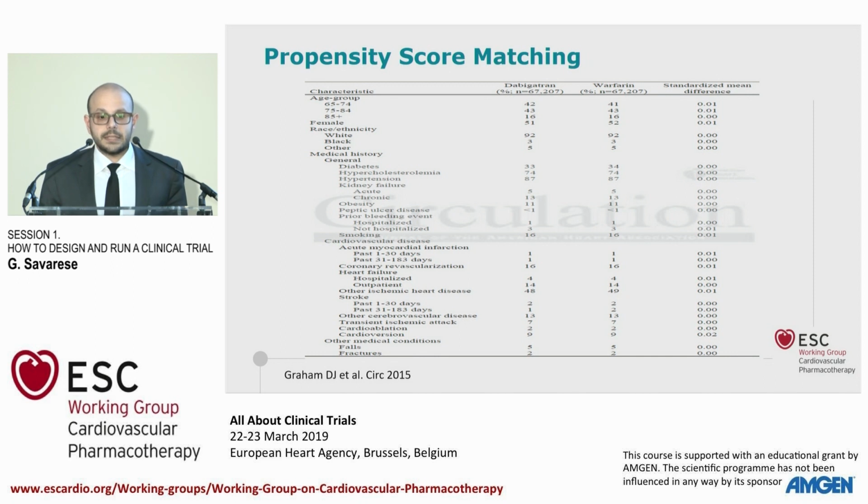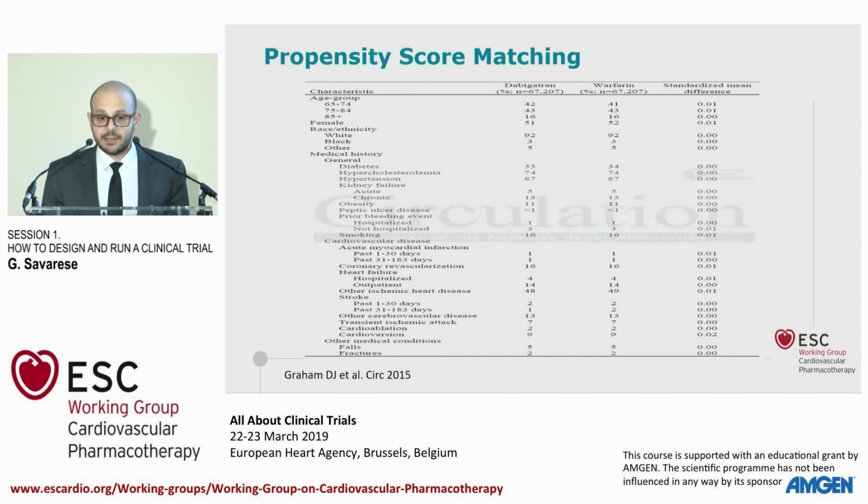But the authors try to face the problem of confounders using a propensity score matching. So as you can see, they matched patients receiving dabigatran with those receiving warfarin. They got two cohorts consisting of around 70,000 patients. And actually, they report the baseline characteristics. And as you can see, there were no differences at all for baseline characteristics.